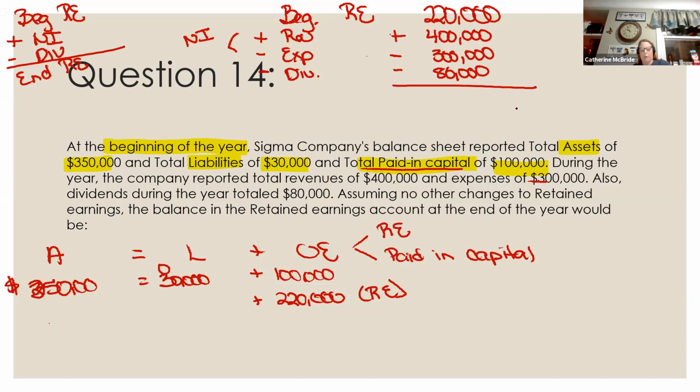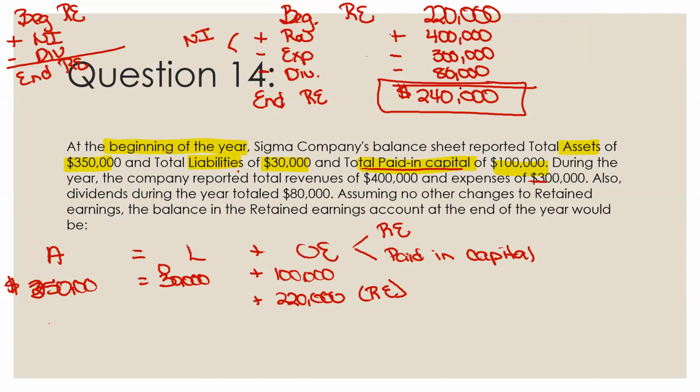So if I take 220,000 plus my revenue minus my expenses minus my dividends, my ending retained earnings balance is 240,000. Does that make sense? Yes.